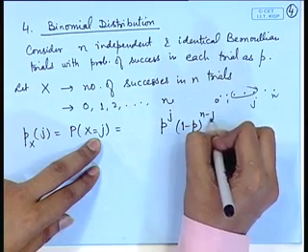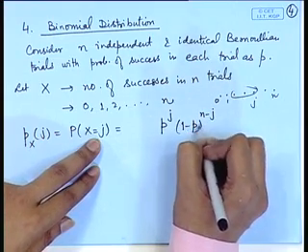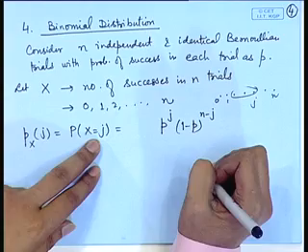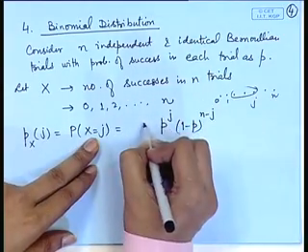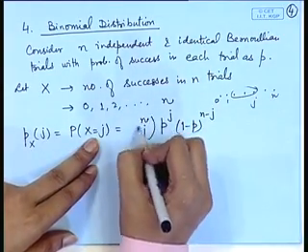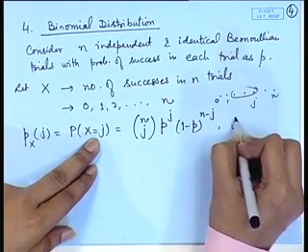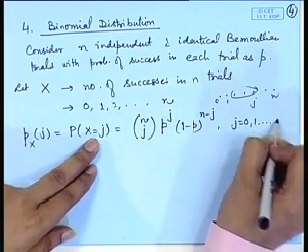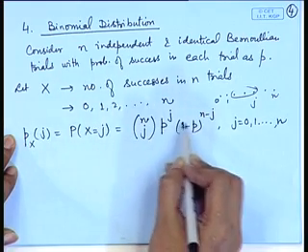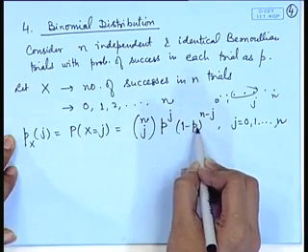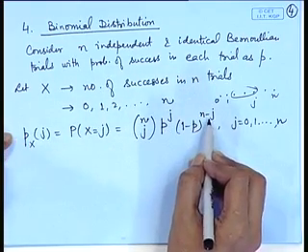Therefore, the probability of n minus j failures will be 1 minus p to the power n minus j. Now, out of these n trials, these j trials can be selected in nCj possible ways. Therefore, the probability mass function of the binomial distribution is nCj p to the power j into 1 minus p to the power n minus j.